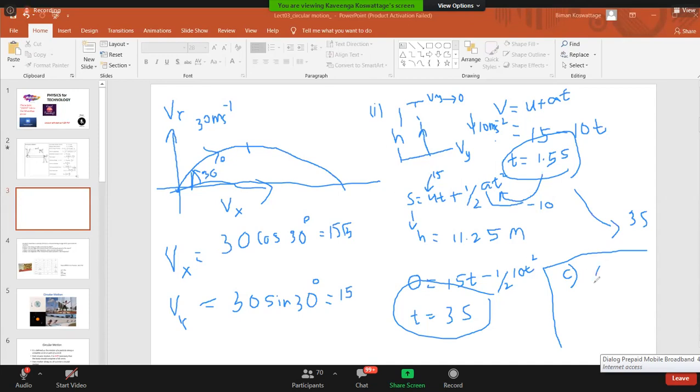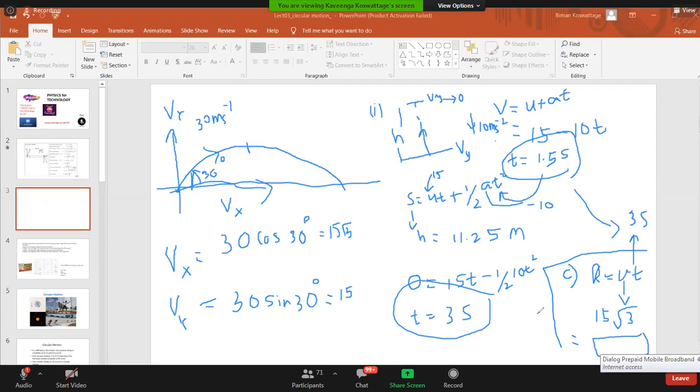Here R is equal to ut. Now you know the t, which is 3 seconds, and you know the u, which is Vx, 15√3. And then you can get the answer, which is around 77 something. So you all know the answer, right? This is very simple.